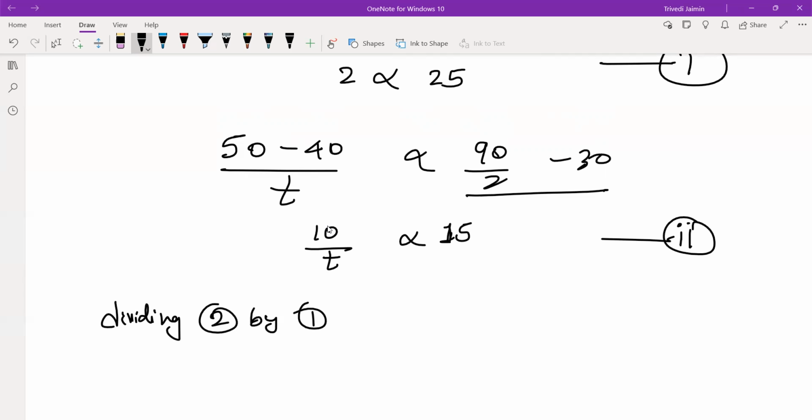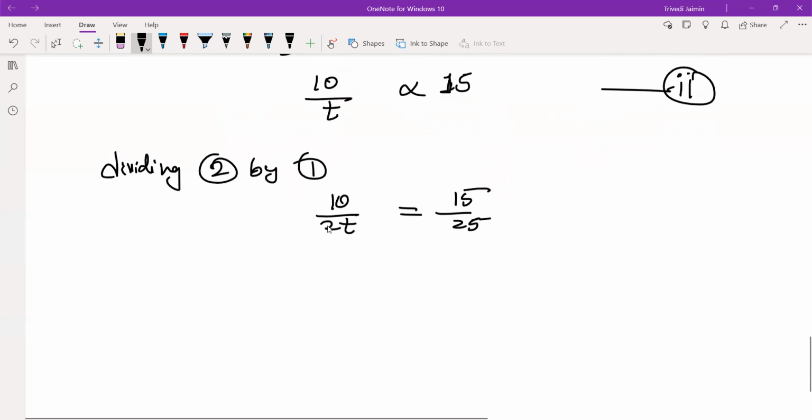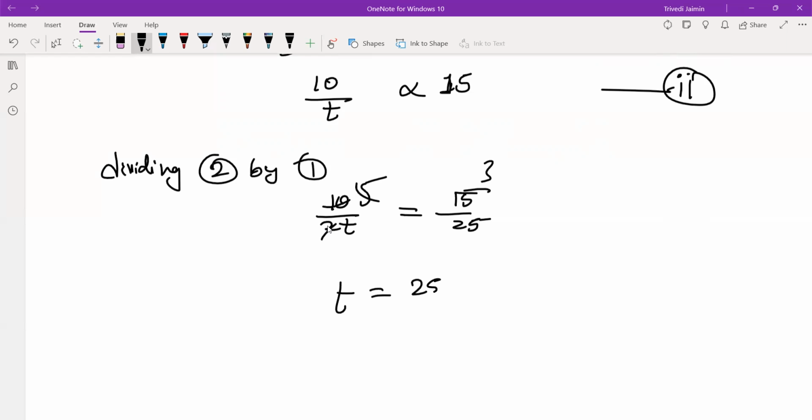So 10 by 2t equals 15 by 10 by 2t. So t equals 25 by 3, I guess. 8, 3 is a 24, decimal 1.